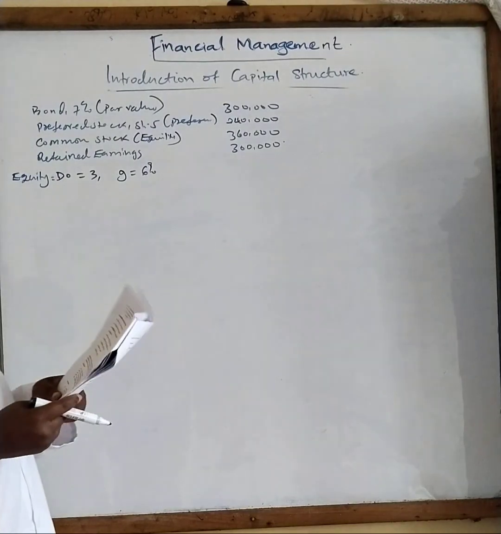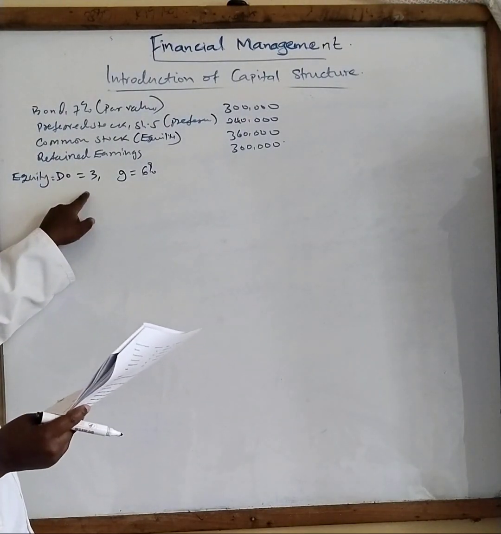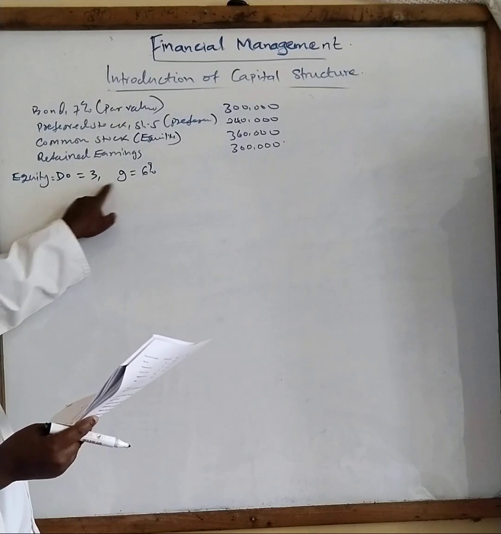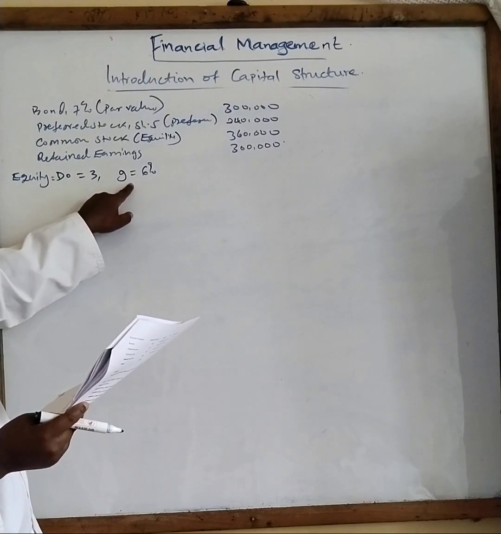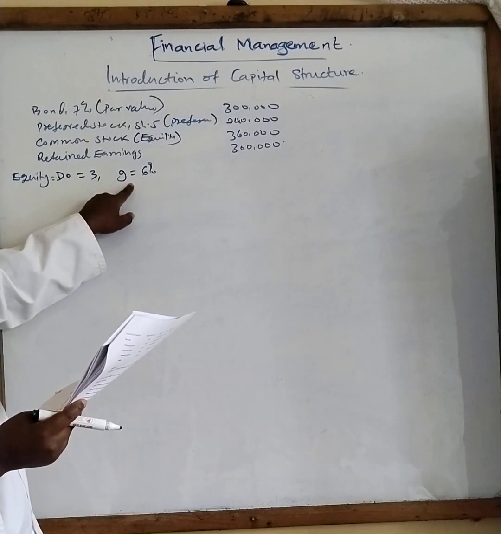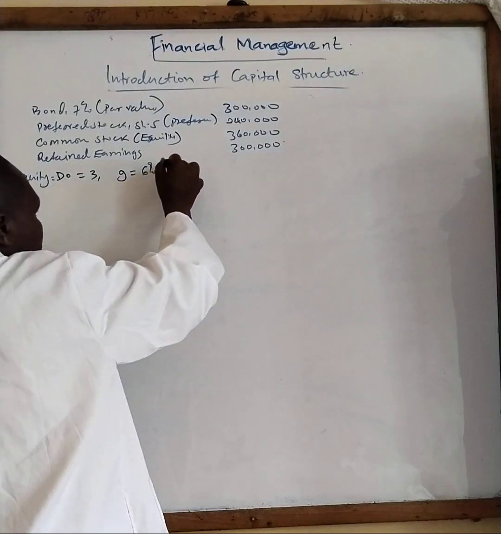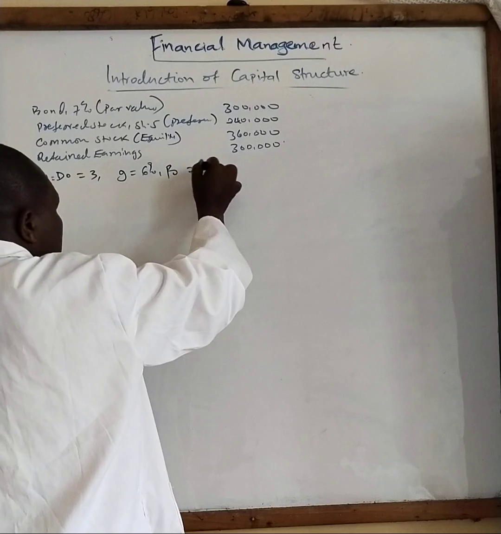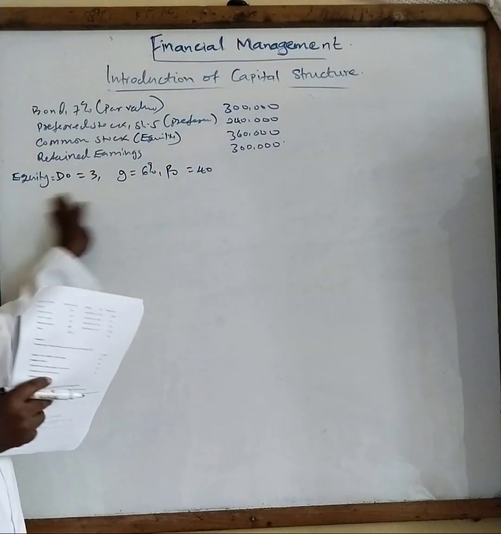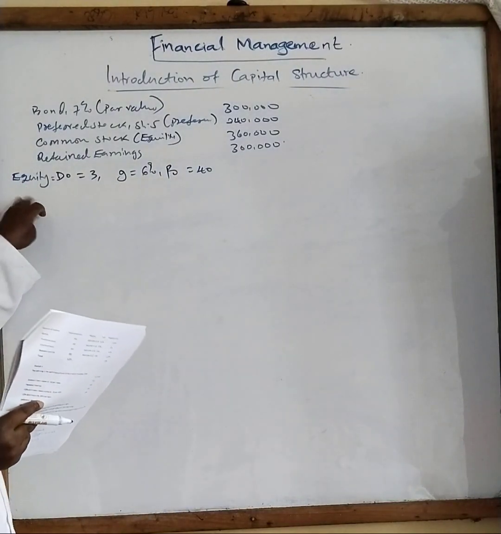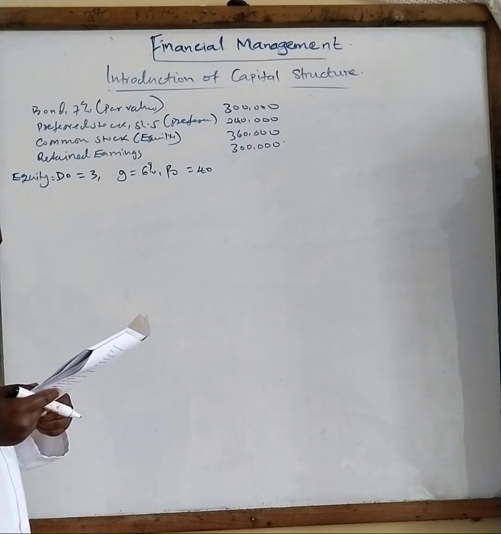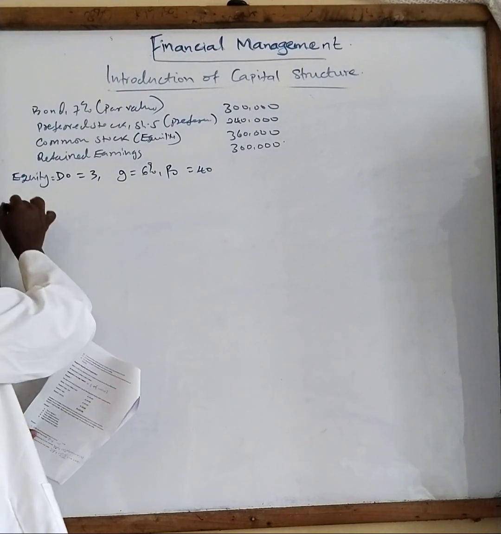So when I'm analyzing equity, I have this information given. Correct? Then market price per share of common stock is 40 shillings. So P0 equals 40 shillings. So I have already enough information about equity. Let's proceed. And preferred stock, that is preference.